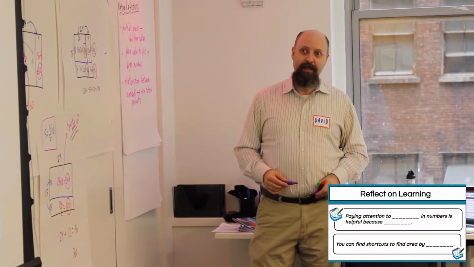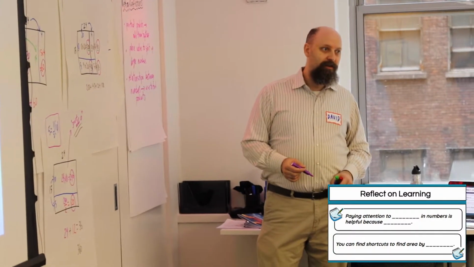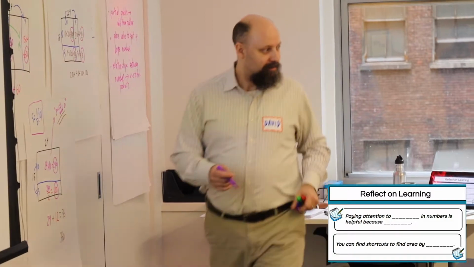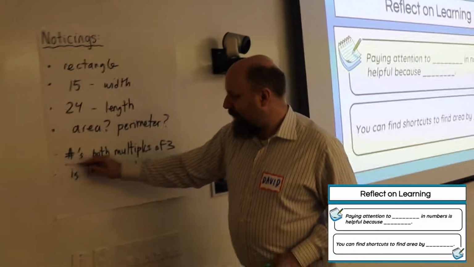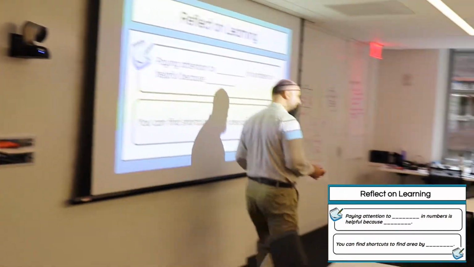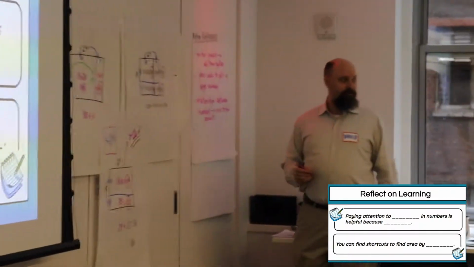Great. Actually, if you think of our noticings, we had a relationship as well, which I don't think we used. But it's fine. We didn't use it, but there was a relationship there. Anybody else would like to share on reflection?